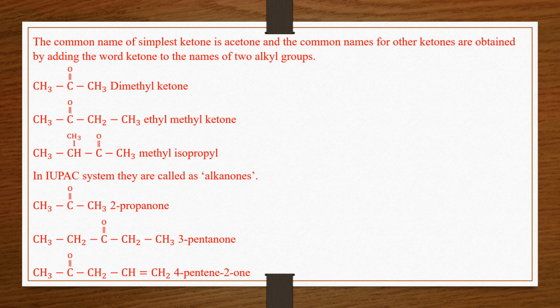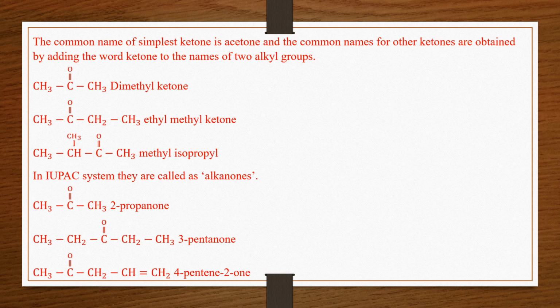So its name goes like this: 4-pentene-2-one. The fourth carbon has the double bond and hence it is named 4-pentene, and the second carbon has the carbonyl group and hence we call it 2-one. 4-pentene-2-one. So this is the way you write the IUPAC names of ketones.